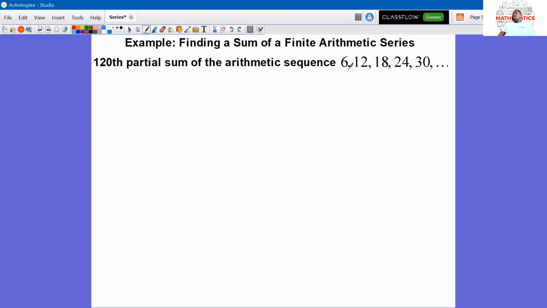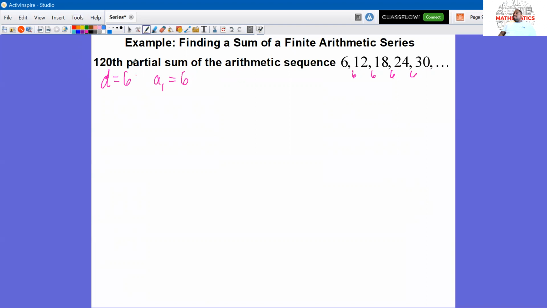Looks like the common difference is 6. You add 6 each time. So the common difference is 6 and the first term is 6, right?